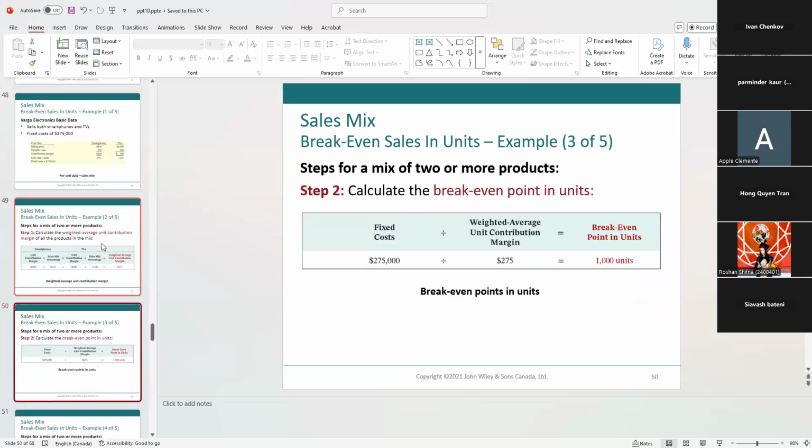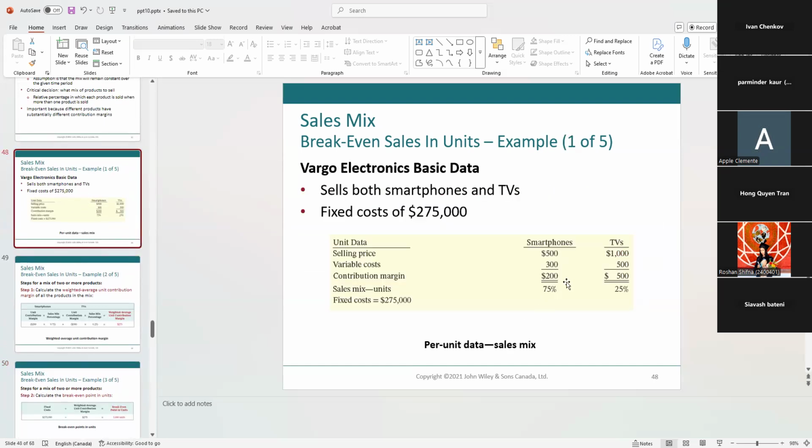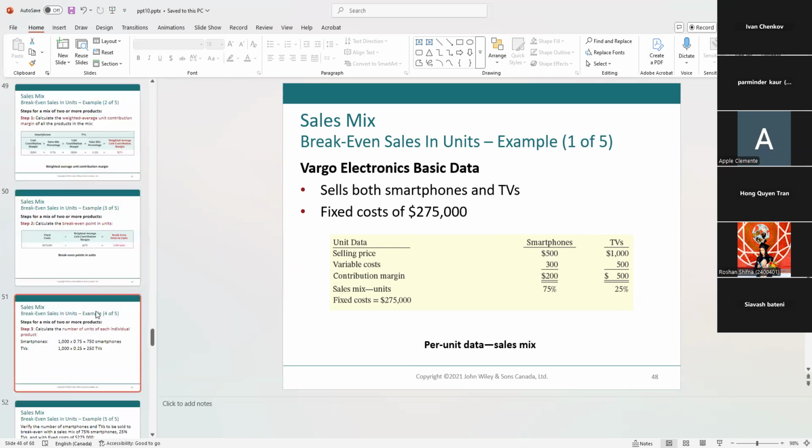So when you see the sales mix, instead of using the contribution margin per unit of a single unit, you need to use the weighted average contribution margin for the two items that you're selling, based on the proportion of the sales that you're having for those two items.